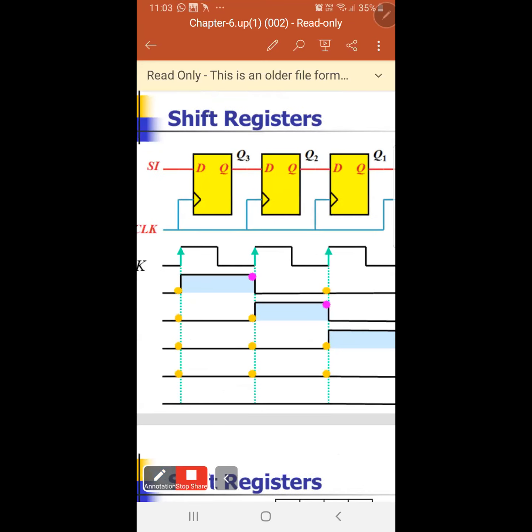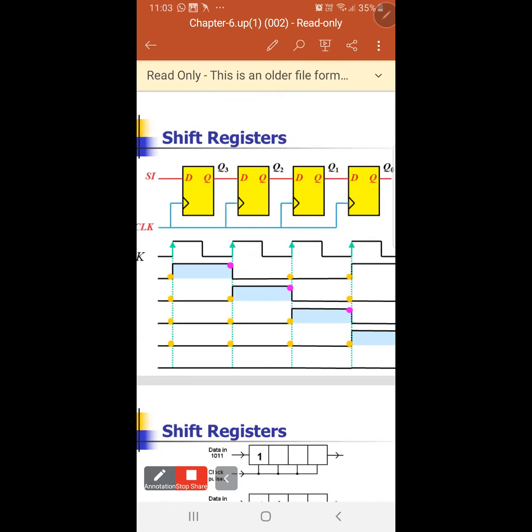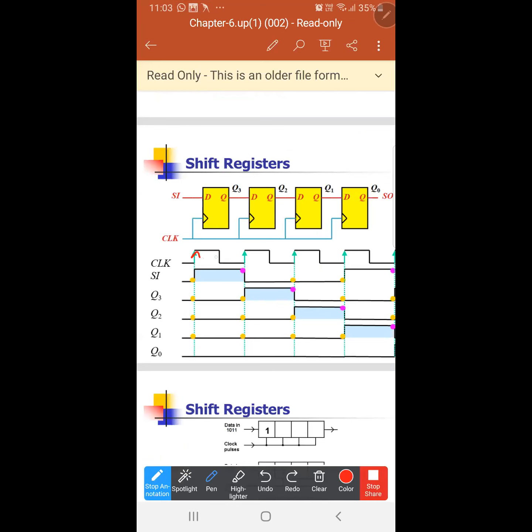Let's start the waveform here. This is the clock. SI is the serial input, and we need to first draw the waveform for Q3. Before the clock, what will be the result?